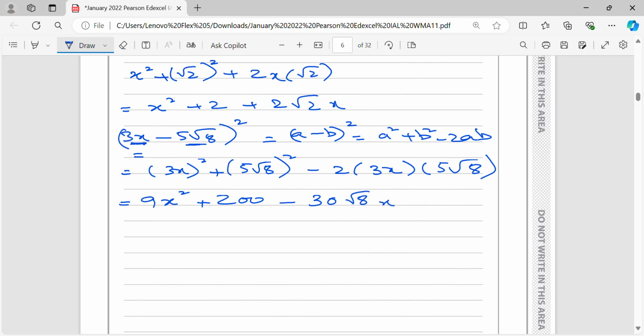Okay, and I can also simplify root 8. I can write down root 8 as 2 root 2. Right? So copy it down. Then 9x squared plus 200 minus 60 root 2x. Okay.